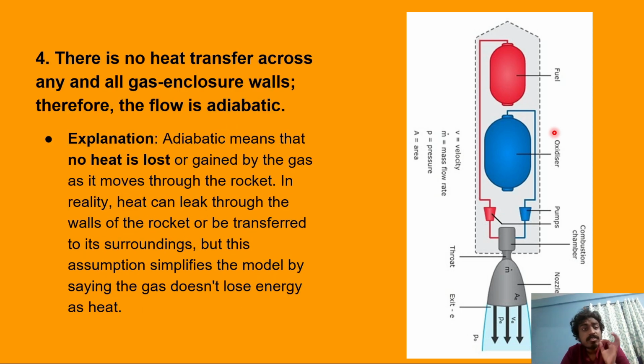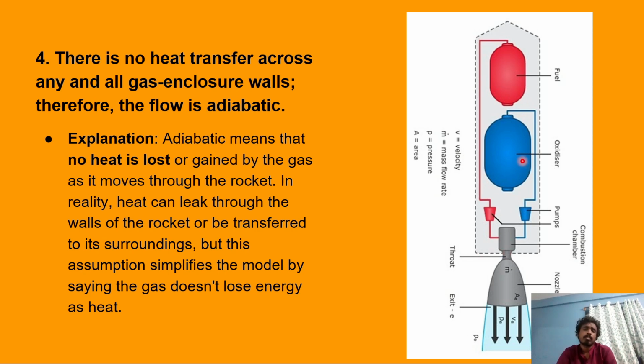There is no heat transfer. So what it is saying is that the heat which is generated here is not transferred to the outside surroundings. The process is kind of adiabatic. Heat can leak through the walls of the rocket or be transferred to the surroundings, but that is the assumption. But see, the thing is, we're talking about ideal conditions.